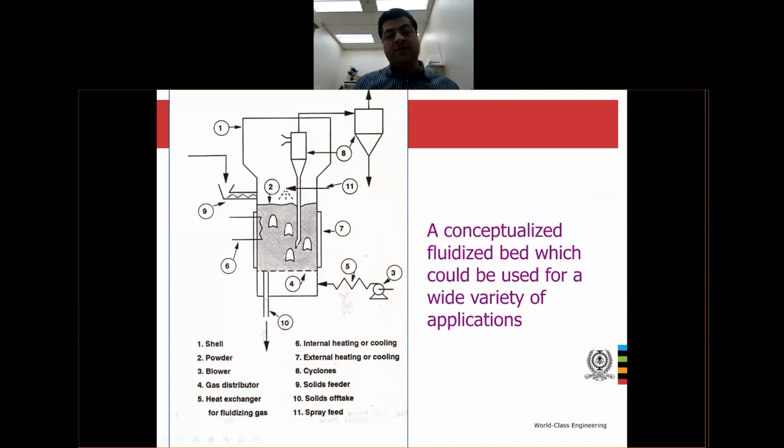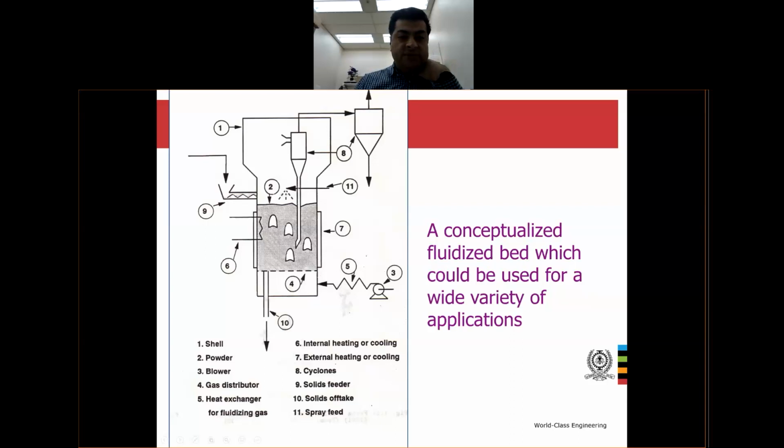And if your system is exothermic, maybe you need to have a heat exchanger, or I mean a coolant, in order to fix the temperature inside the fluidized bed. You need to have a cyclone, a gas-solid cyclone, in order to capture solid particles that are entrained by the gas and get them back to the bed through the dip leg.